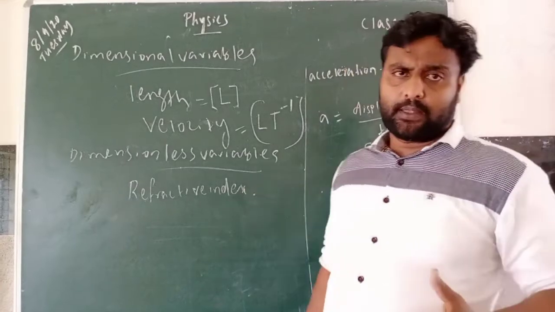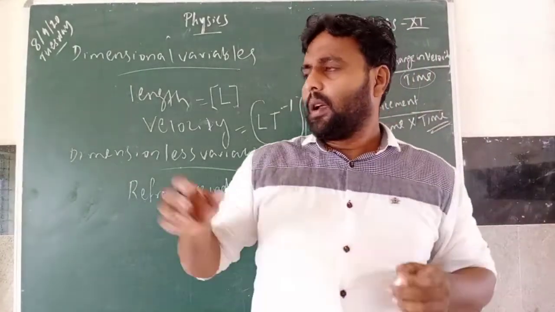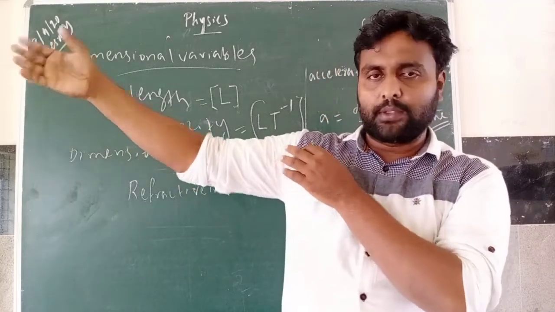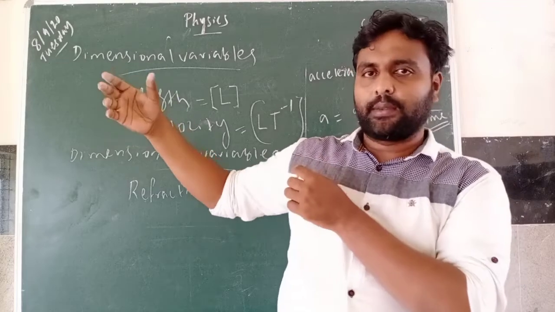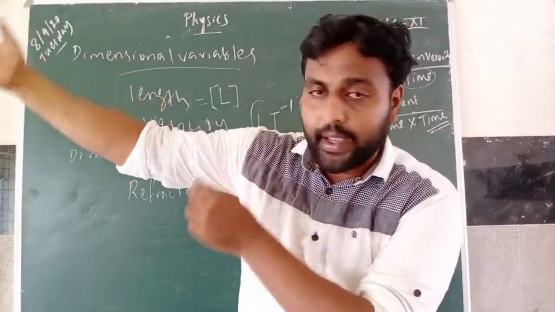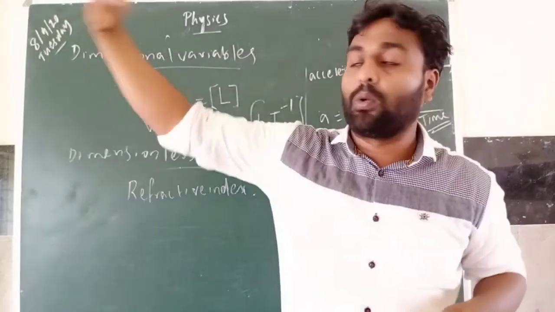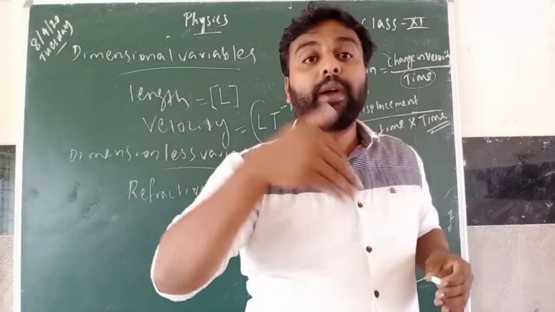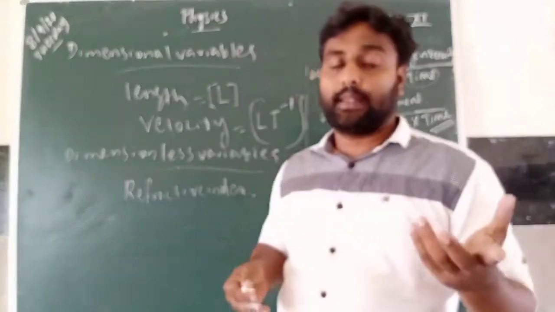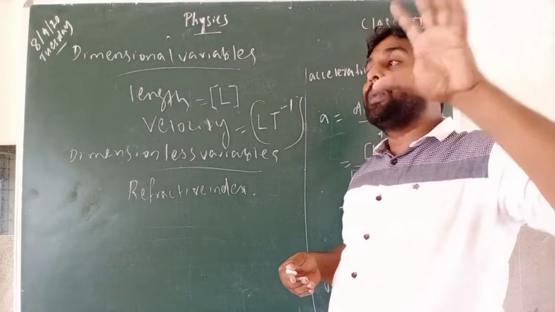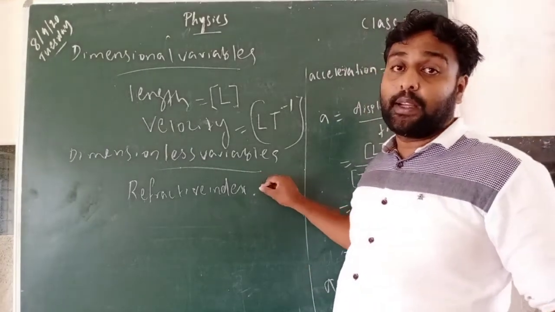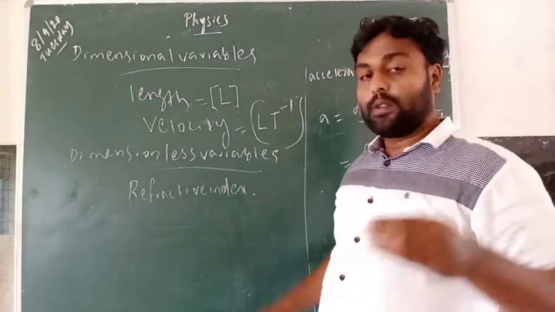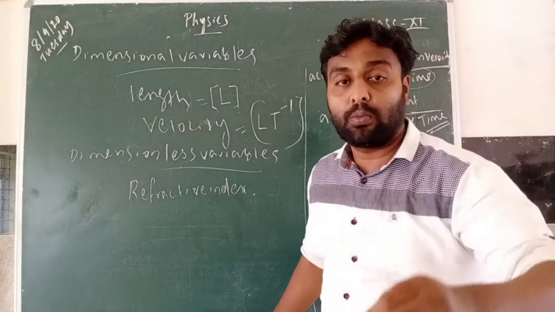So refractive index. I'll tell you about this. Light is passing from one place to another place, and when it is passing from air to this room, from outer side to inside the room, the light ray bends. You already learned about the refraction. That measurement of how much it bends is what we are calling refractive index. In water how much it is bending, in glass how much it is bending.